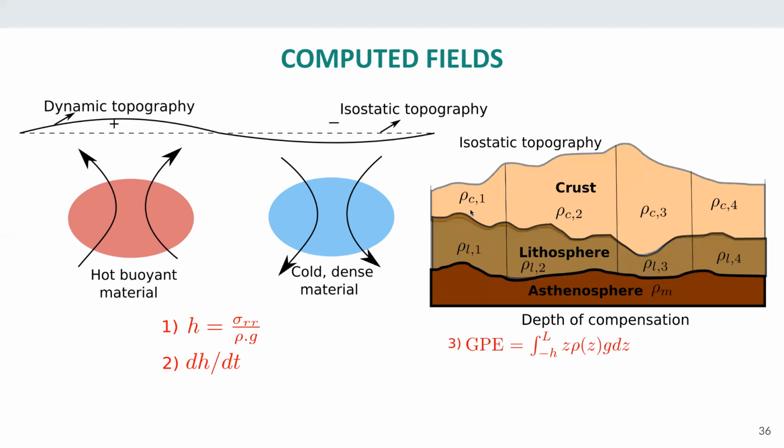And what it means is that crust having a different distribution in density and in structure, and lithosphere having a different lateral density and structural heterogeneity, we assume a depth of compensation where the gravitational potential energy is calculated. So what it tells us is the stresses generated due to change in lateral densities and structural heterogeneity.